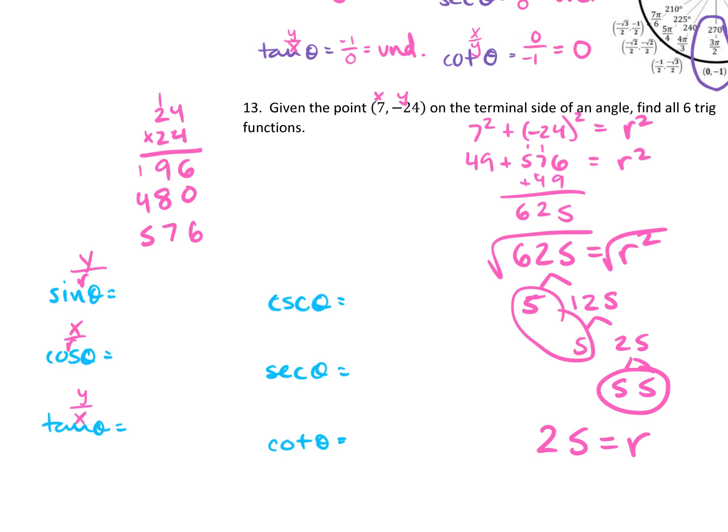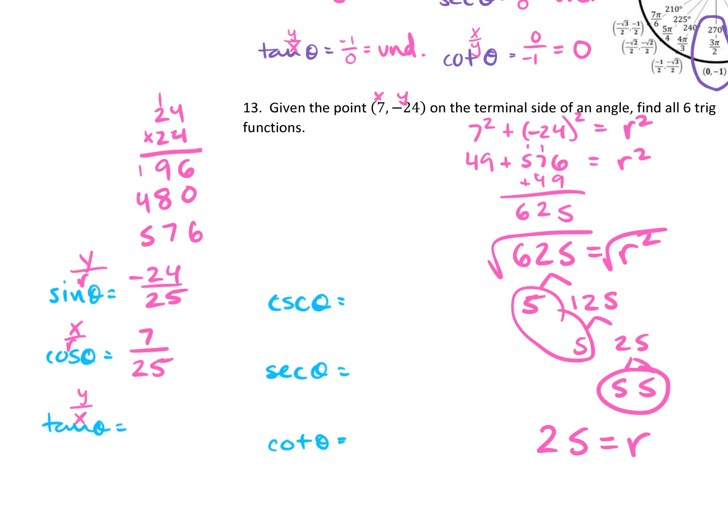So sine would be y over r, which would be negative 24 over 25. Can we simplify this? No, because 25 is positive, so it's just negative. Can't simplify. Always double check to make sure you can simplify or not. Cosine would be 7 over 25.